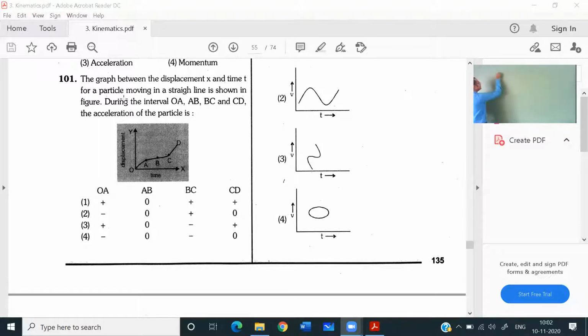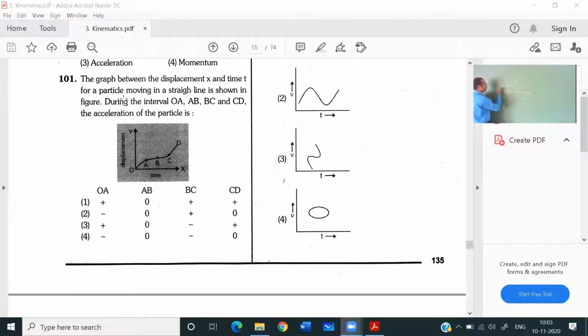See here, displacement and time. Here displacement, here time is given. So the graph is first an inclined straight line, then somewhat inclined like this, then still somewhat, then again like this.